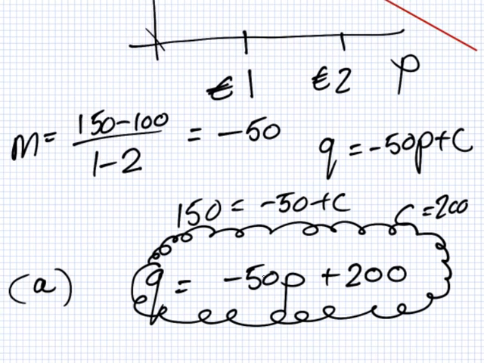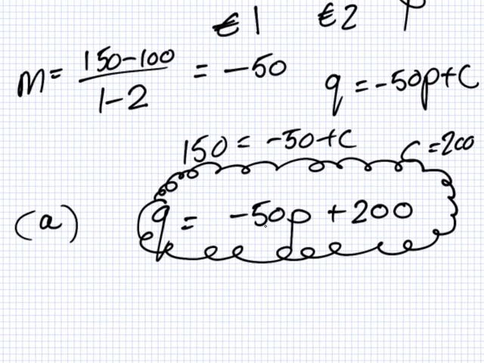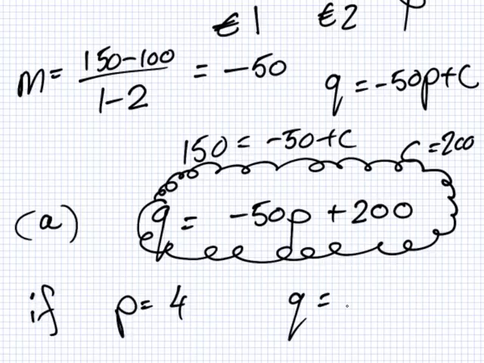Why 4? Because if the P is 4, what's the Q? 0. So nobody will buy any coffee when the price hits 4. So the price has to be less than 4 before you can start making sales.